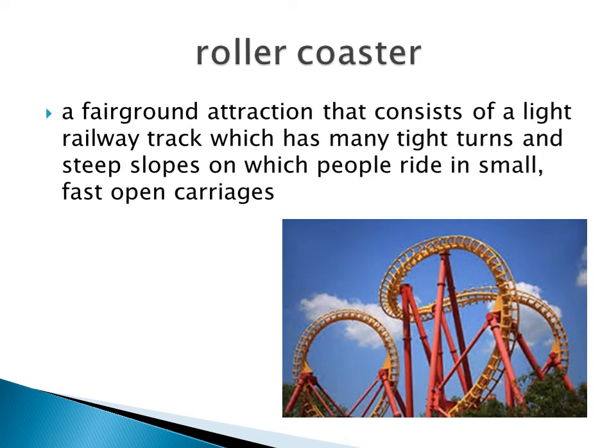Roller coaster is our next word. A fairground attraction that consists of a light railway track which has many tight turns and steep slopes on which people ride in small, fast open carriages. That's roller coaster.